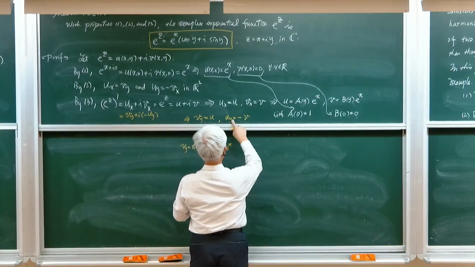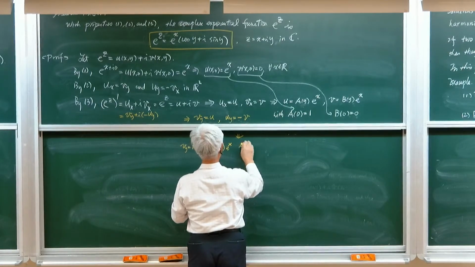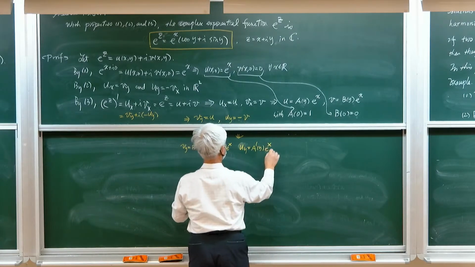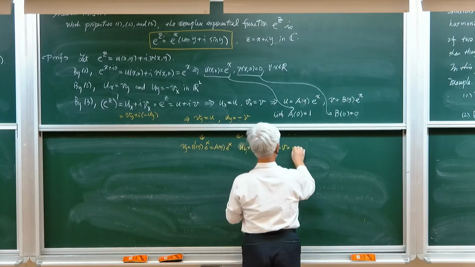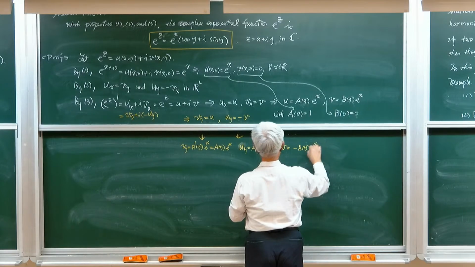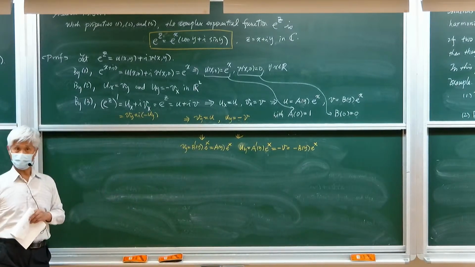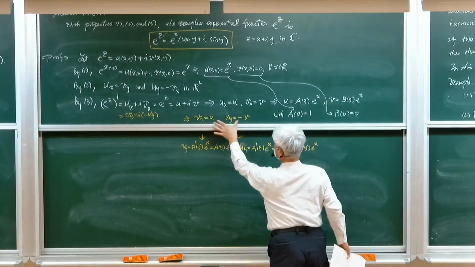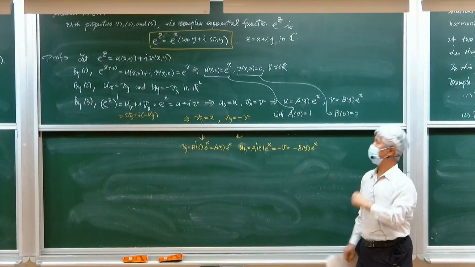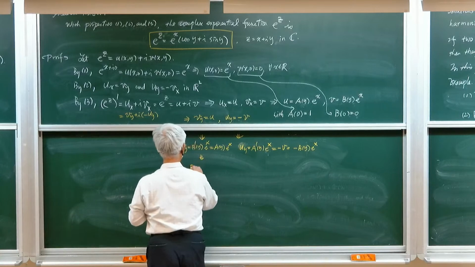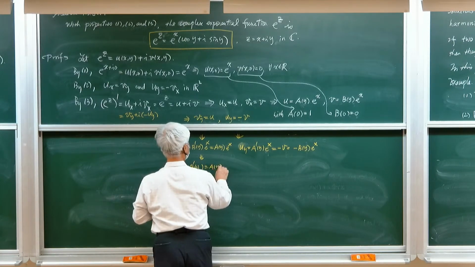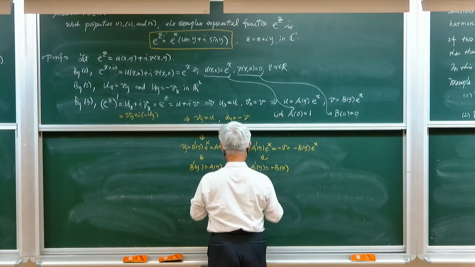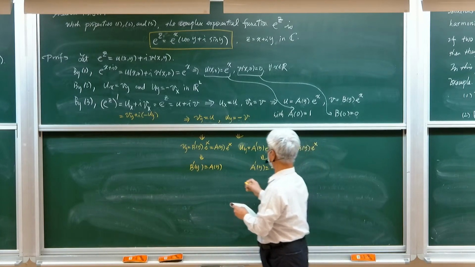Now for Uy, it is A prime(y) e^x, equal to minus V, and minus V is minus B(y) e^x. We do the substitution into here to get these two equations. So B prime(y) equals A(y), and from here A prime(y) equals minus B(y). And we combine them together.